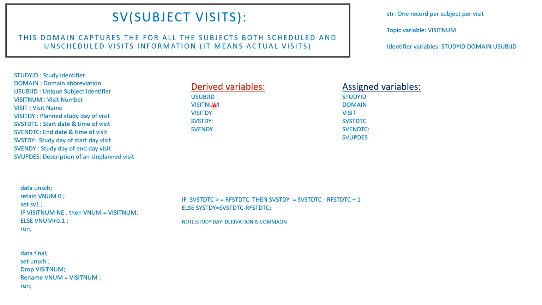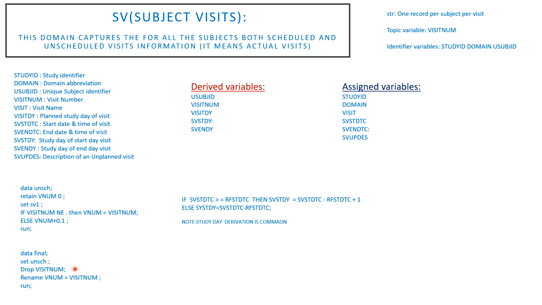Here the derived variables are unique subject ID, visit num, visit, study day of start date and study day of end date. These are the assigned variables. Visit num and visit will be derived from the TV domain. In case of an unscheduled visit, if you don't have a visit num, we will assign the previous visit num plus 0.1 as per specification.